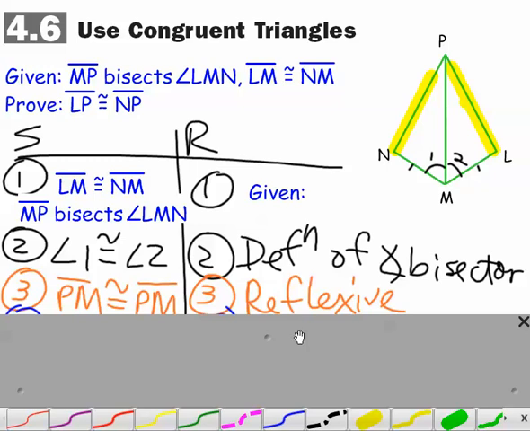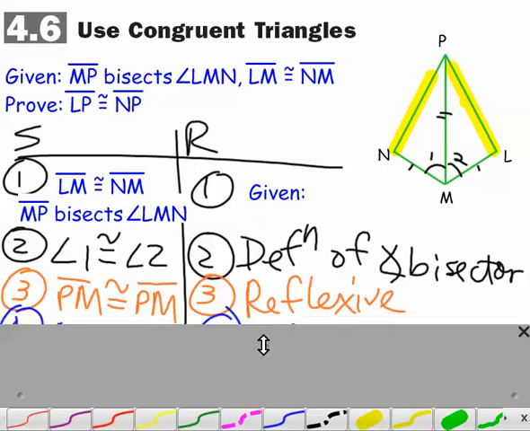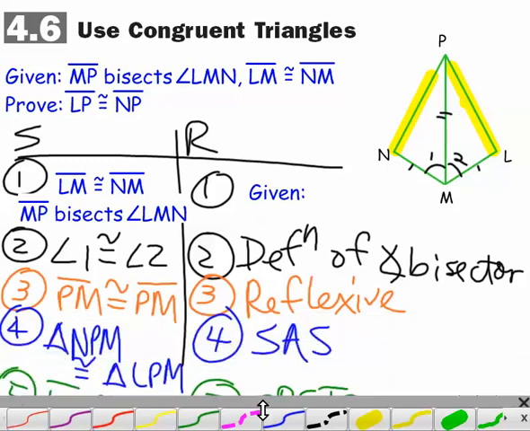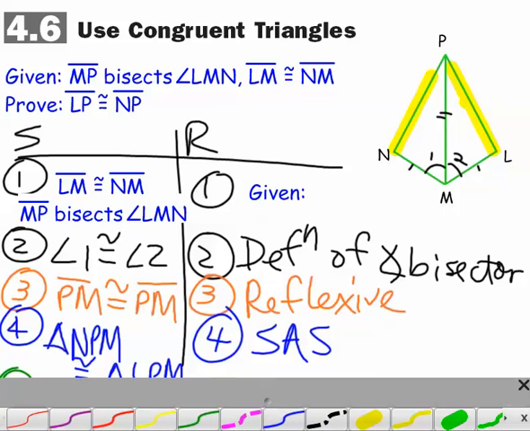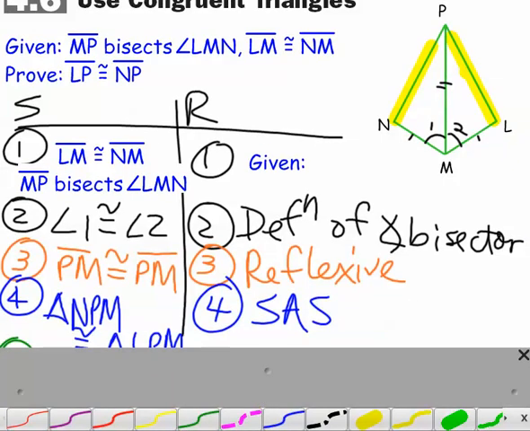So now we have a pair of sides that are congruent, a pair of angles that are congruent, and another pair of sides. So we can say that triangle NPM is congruent to LPM by side-angle-side. That angle is occurring between the two pairs of congruent sides, so it's side-angle-side.